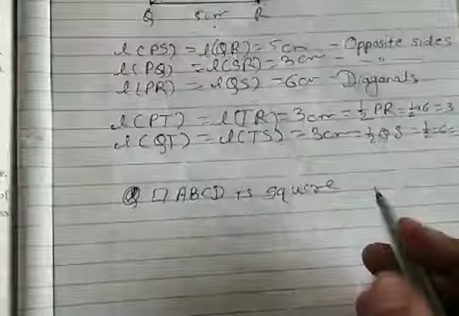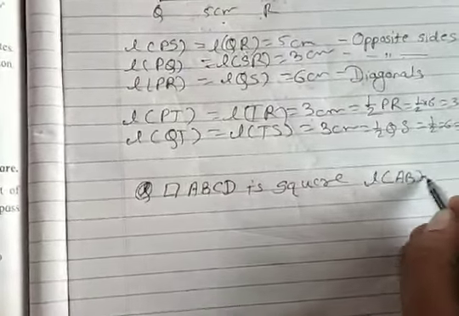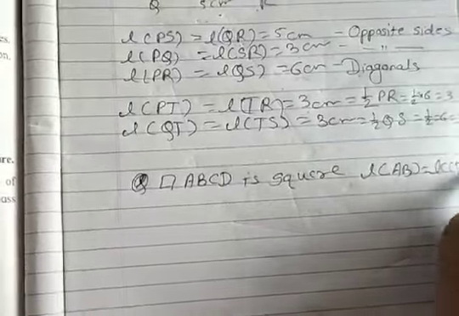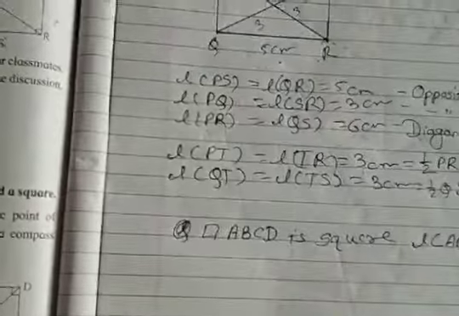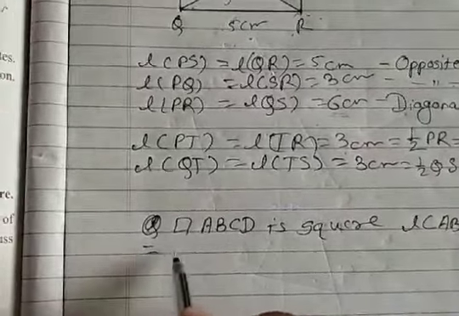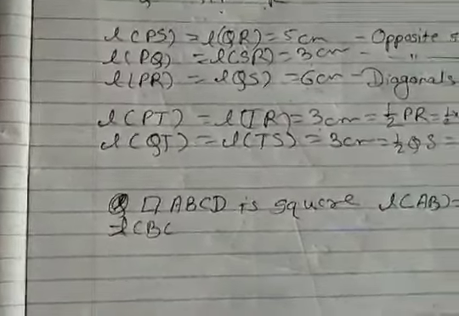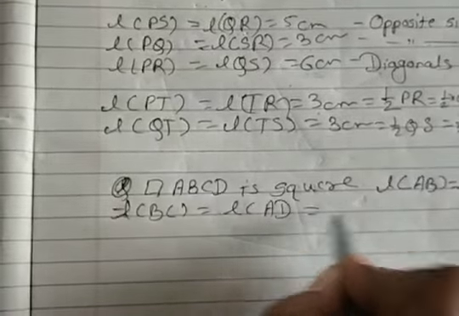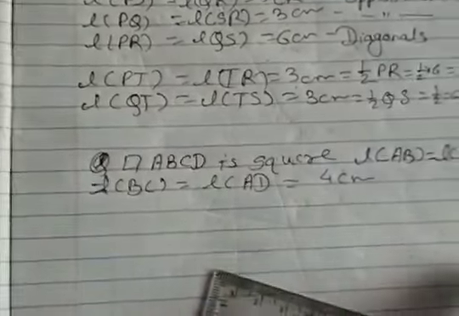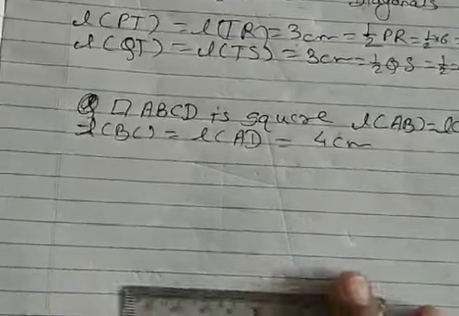ABCD is a square, and length of AB is equal to length of CD is equal to length of BC is equal to length of AD, which I will take as 4 centimeter. I will just complete it and then show you. Then all sides are 4 centimeter.